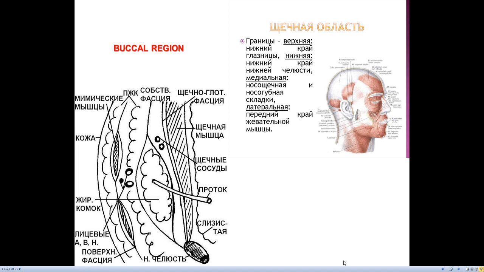They form the grooves, small pits, folds on the skin. It's the first. And second, they don't contain antagonists, because the turgor of the skin is very, very big.